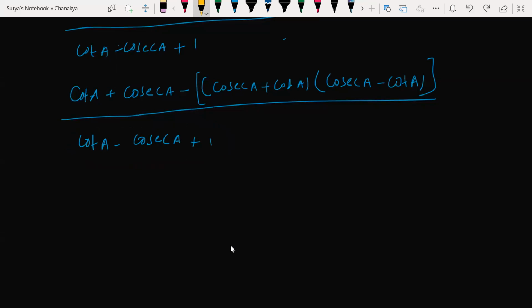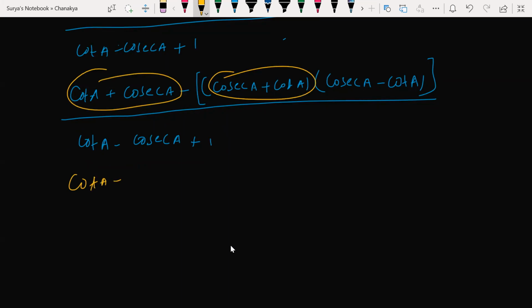Look at this here. What I do here is, can I take cot a plus cosec a common? Cot a plus cosec a, I took common. So I'm left with 1 here. This has gone outside. I'm left with cosec a plus cot a.